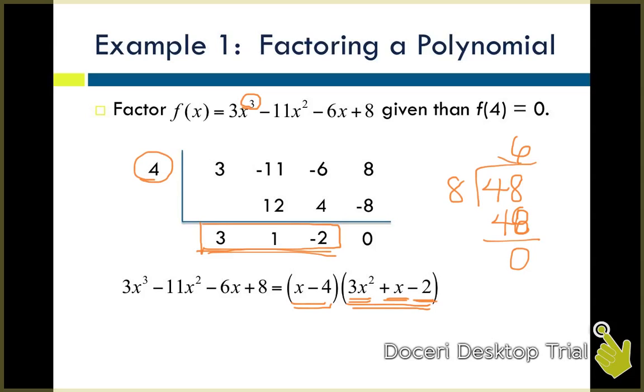Then I can say that 6 times 8 will give me the 48 that I started with. Both the 6 and the 8 can be said to be factors. So that's what we're doing at this step: the x minus 4 can be multiplied by this 3x squared plus x minus 2, and both of those are factors.